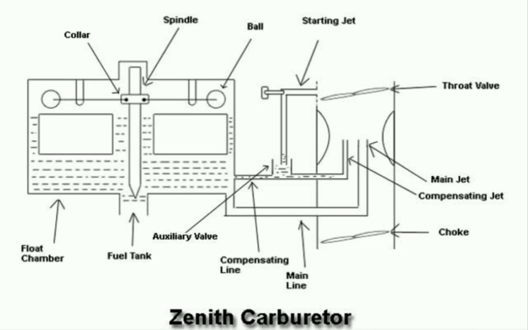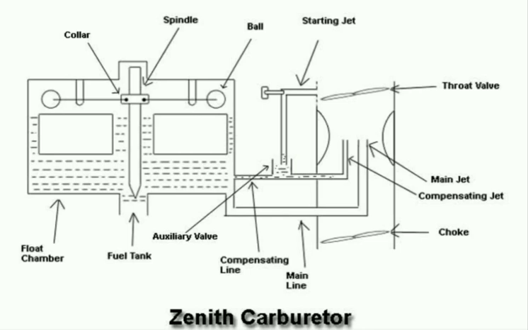The air from the filter passes through the gap inside the throttle valve, and as the air passes through the gap, the velocity of air increases and the pressure decreases on the upper side of the throttle valve, thereby producing a suction effect at the starting jet, which is placed at the top of the throttle valve, right?